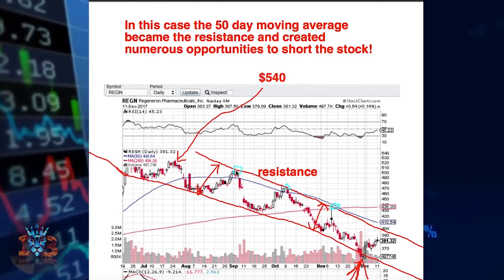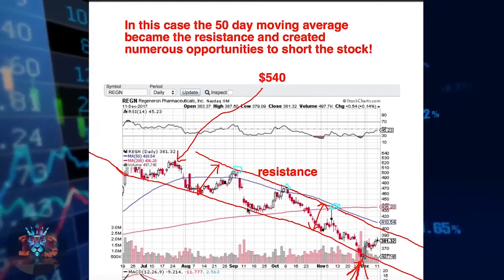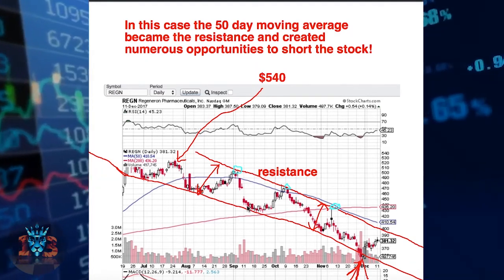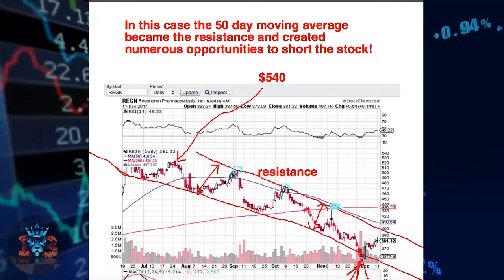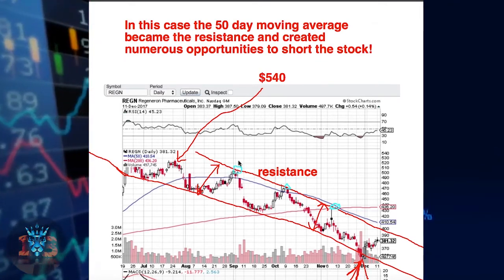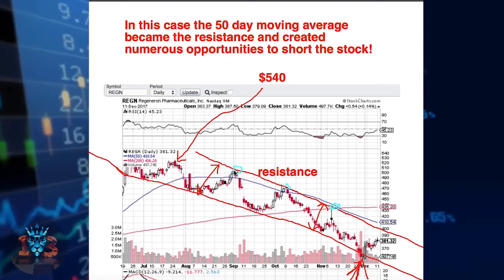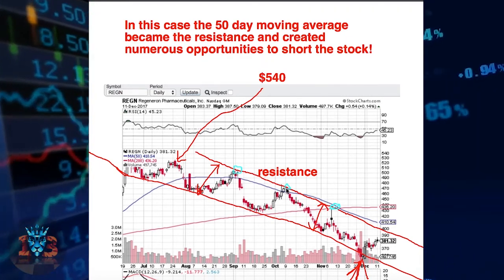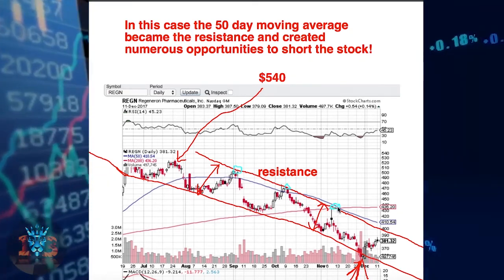Because each time it touched this resistance level, it fell back within just a couple of days and started its downward trend. After it goes higher, it looks like it's about to keep going higher, but no, it stops right there on the resistance.